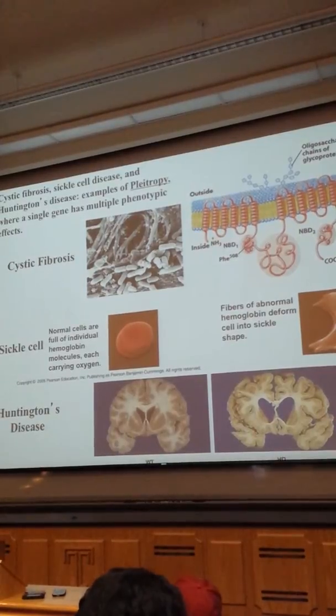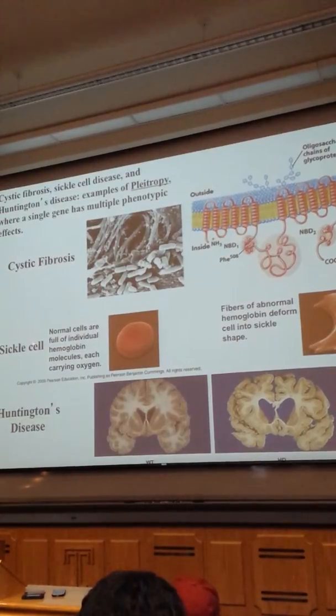And then you have Huntington's disease. Sickle cell and cystic fibrosis are both considered recessive diseases, because if you have the normal allele, you can get by.